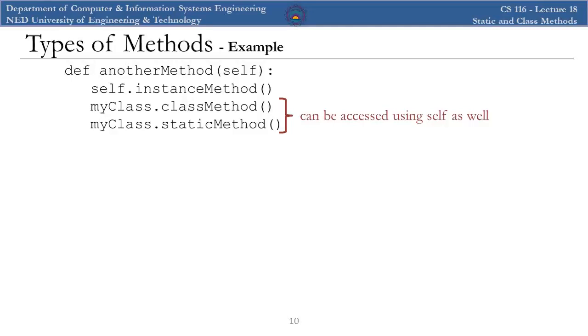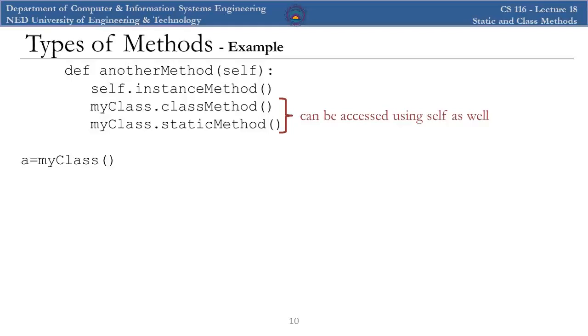So I just showed you how you can access these three types of method from within the class, and how you can access different types of variable from these three types of methods. Now let me show you how they are accessed from the main program. Let me instantiate an object called A of class MyClass, or you can say A is of MyClass type.